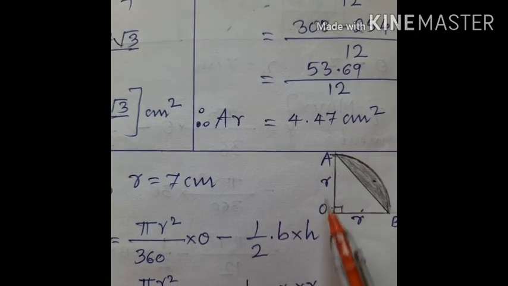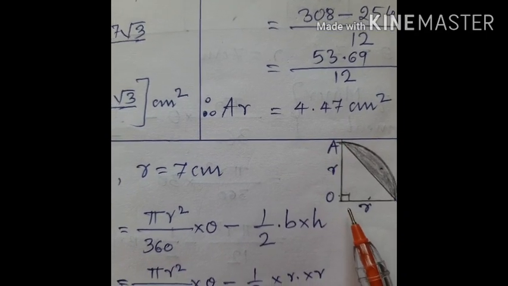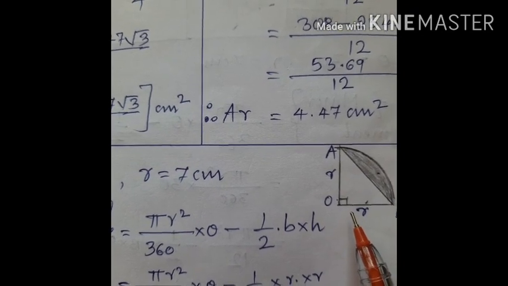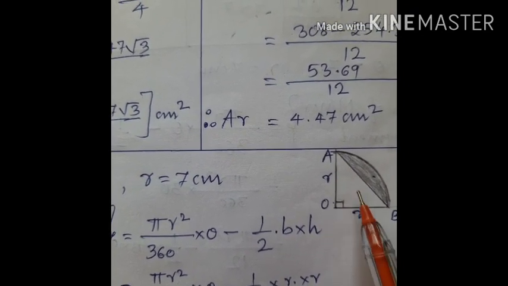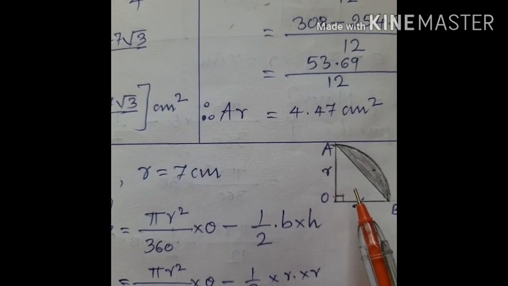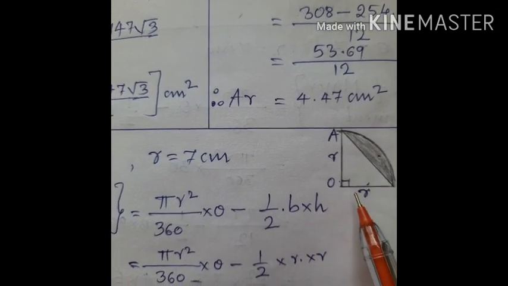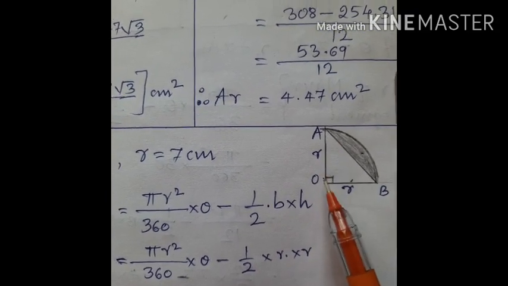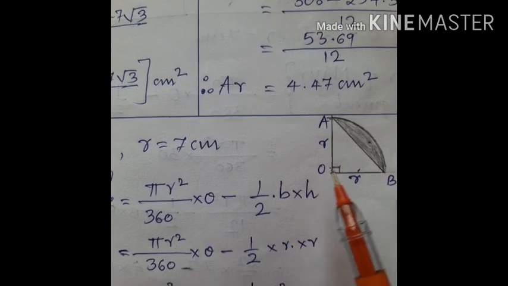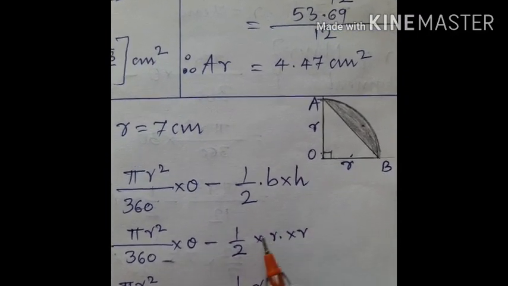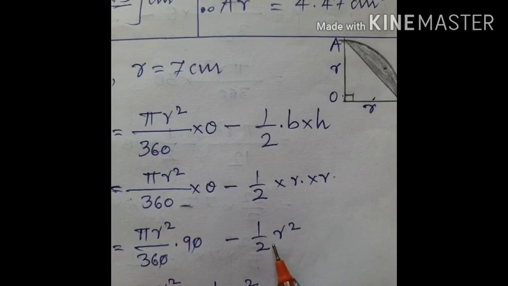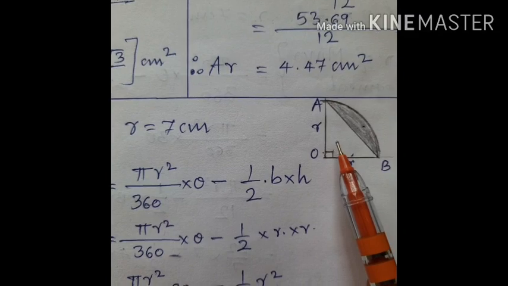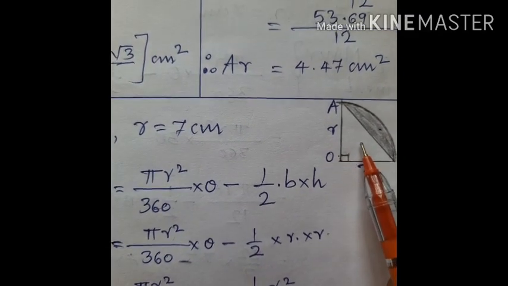But OB and OA are the sides of the right angle triangle, also the base and height of the right angle triangle. Therefore, we take half into base into height. Here base is OB, which is radius, and height is OA, which is radius. Therefore, half into base into height becomes half into radius into radius, that is half radius square. So the area of the right angle triangle is half radius square in this sector, right?